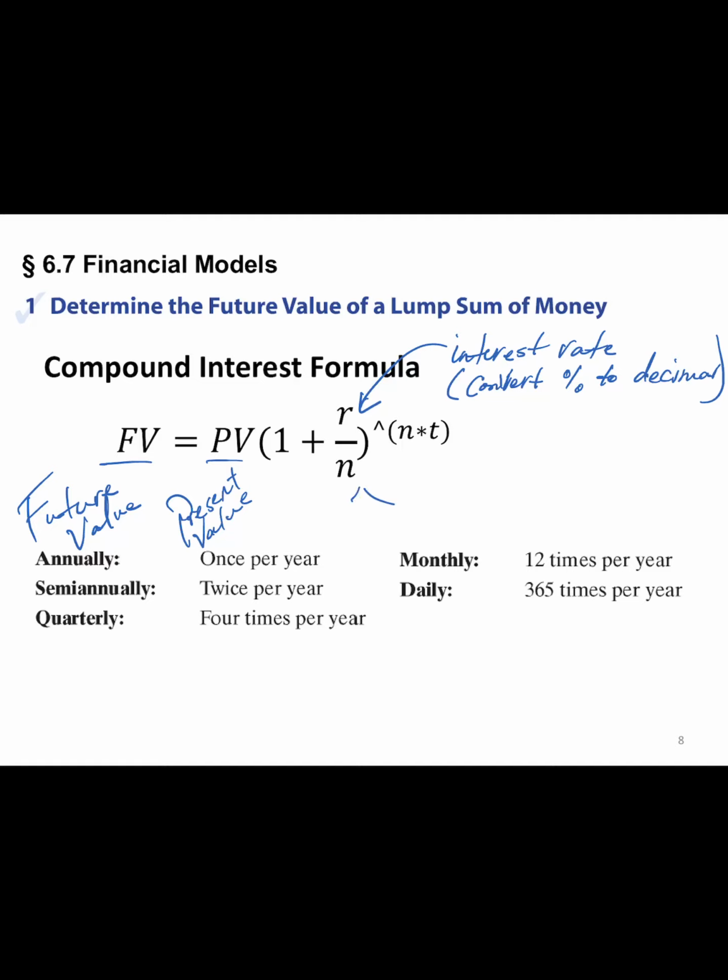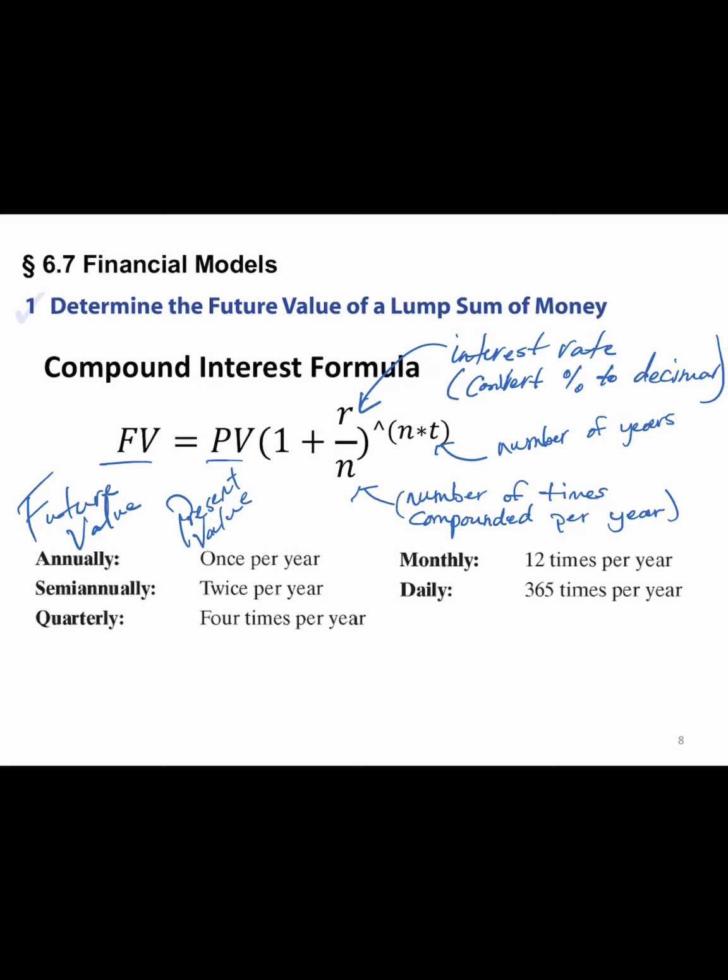N is the number of times compounded per year. And T is the number of years.